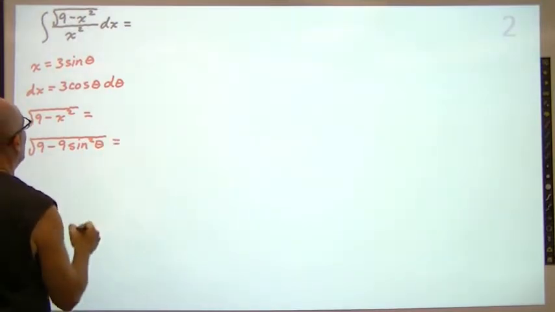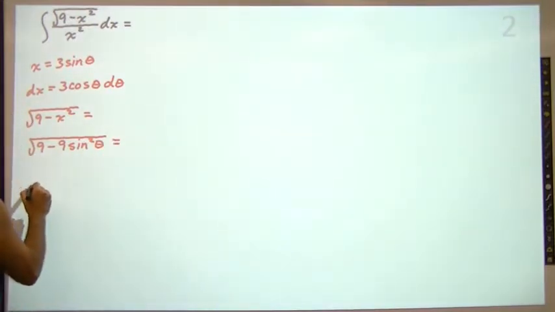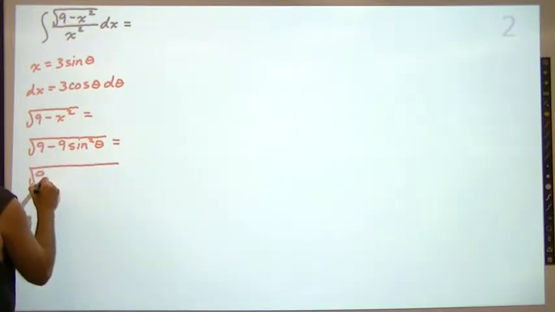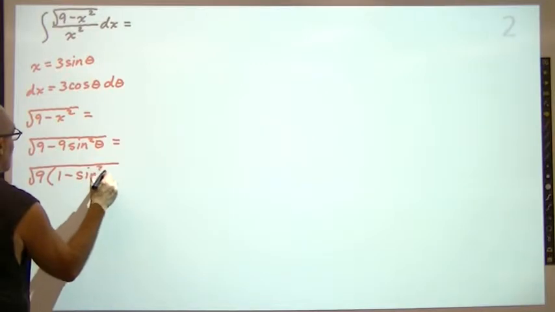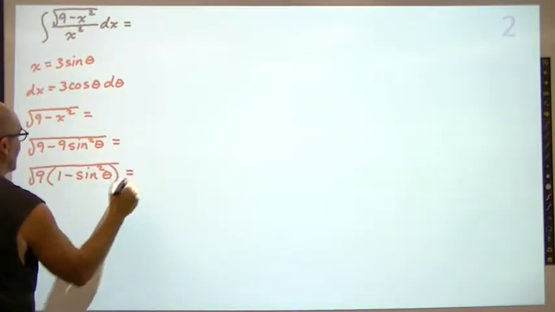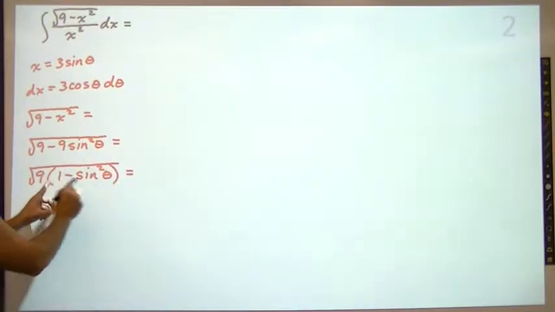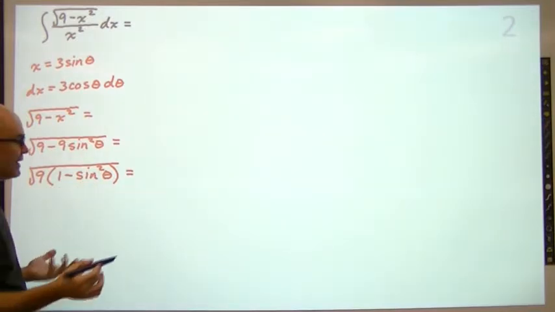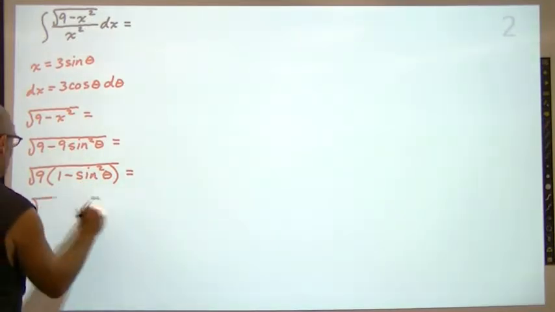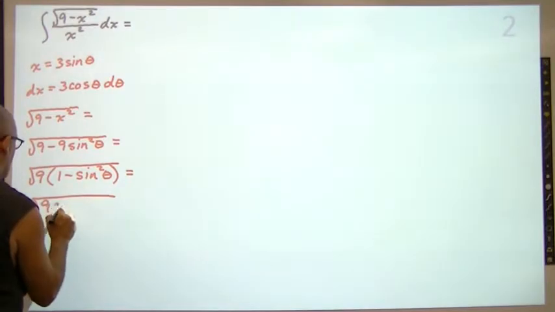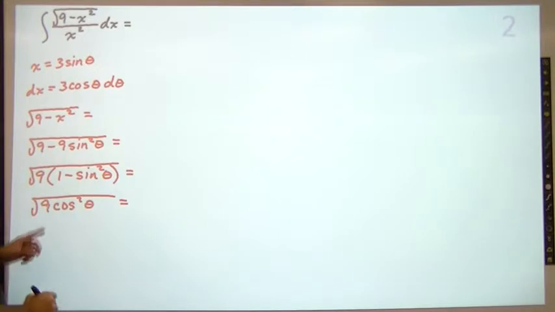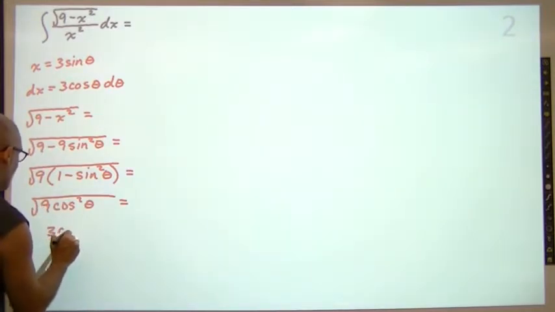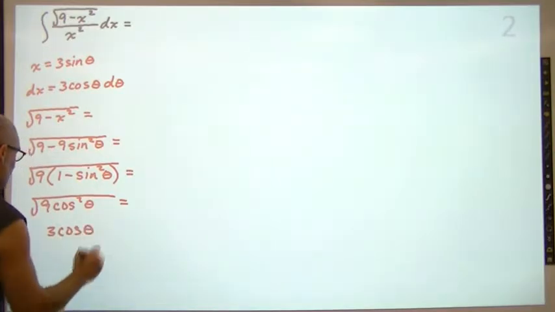Okay, now we factor a 9 out of this whole thing, so it becomes 9 times the quantity 1 minus sine squared theta. And 1 minus sine squared theta is cosine squared theta. Then, the square root of 9 cosine squared theta is 3 cosine theta.